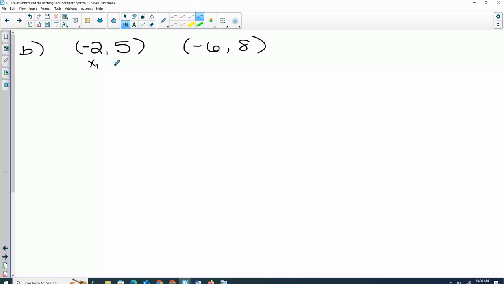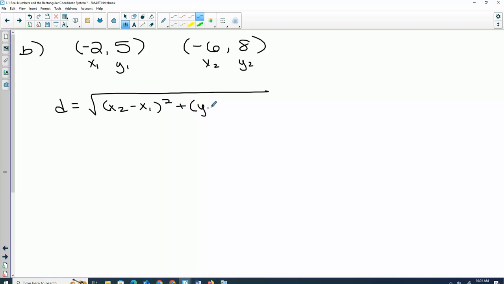Here's x of the first, y of the first, x of the second, y of the second. Be careful when you write down your formula. So it's x2 minus x1 squared, y2 minus y1 squared. So at x2, what's my x2?